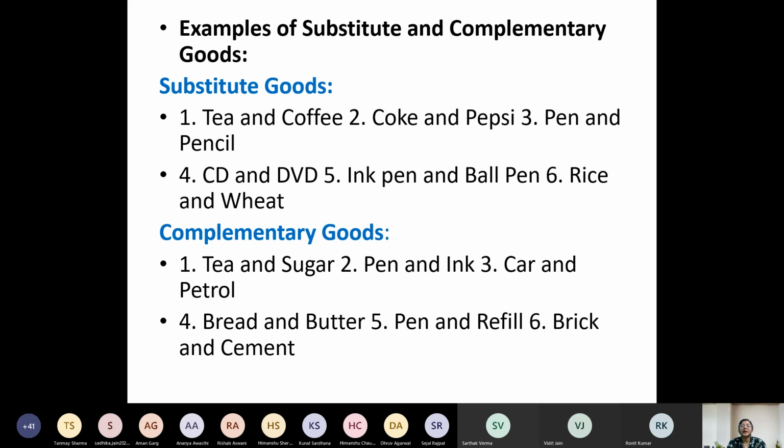Or if price of ink pen has increased, so you may shift to a ball pen, right, or refill pen. Or if price of wheat increases too much, because wheat or rice का utility क्या है? To satisfy our hunger, right? So भूख मिटाने के लिए अगर price of wheat increases, so we can shift to the other, less expensive substitute good, that is rice.